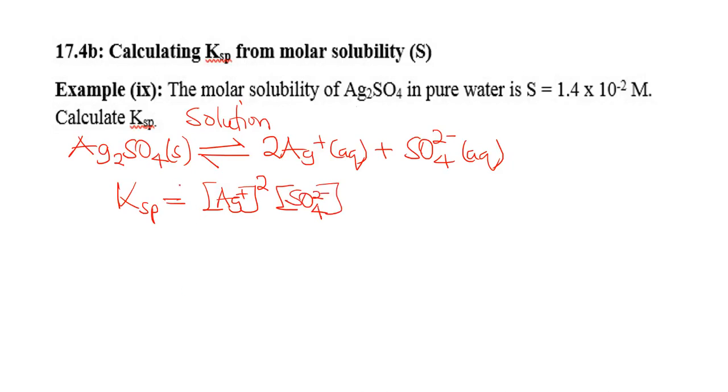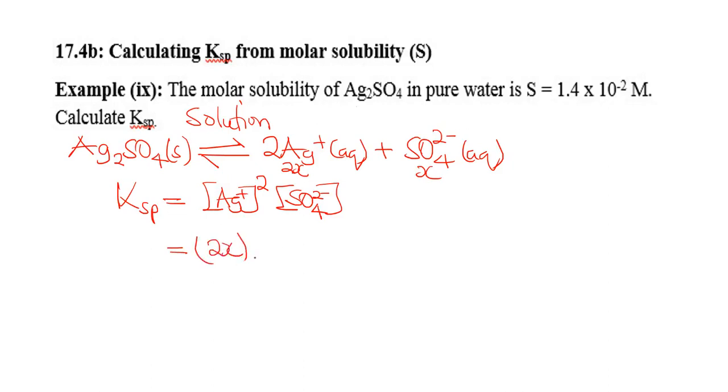Now, if silver sulfate dissolves, it forms 2x here because of the 2 present here, and it forms x on this side. So what are we saying? X is the solubility.